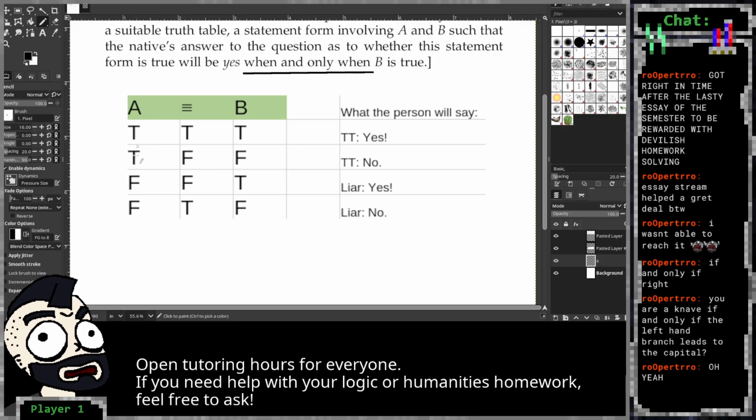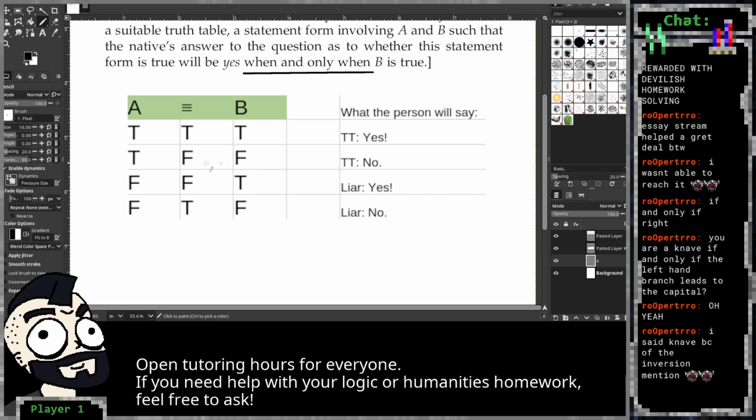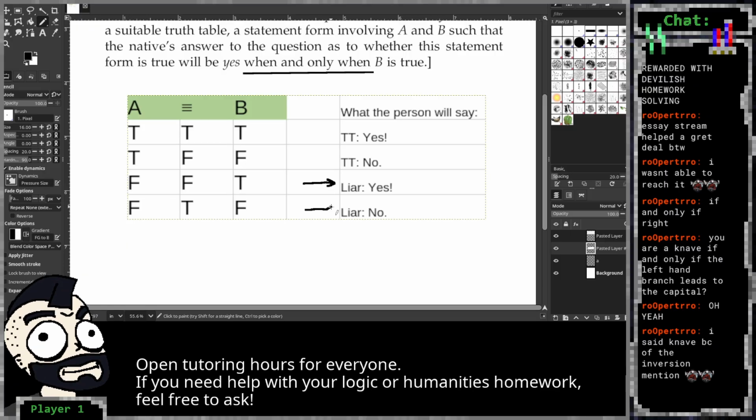If we're asking a truth teller and the road is to the left, they will say yes. If we're asking a truth teller and the road is to the right, they will say no. The inversion comes from the fact that liars will automatically invert.